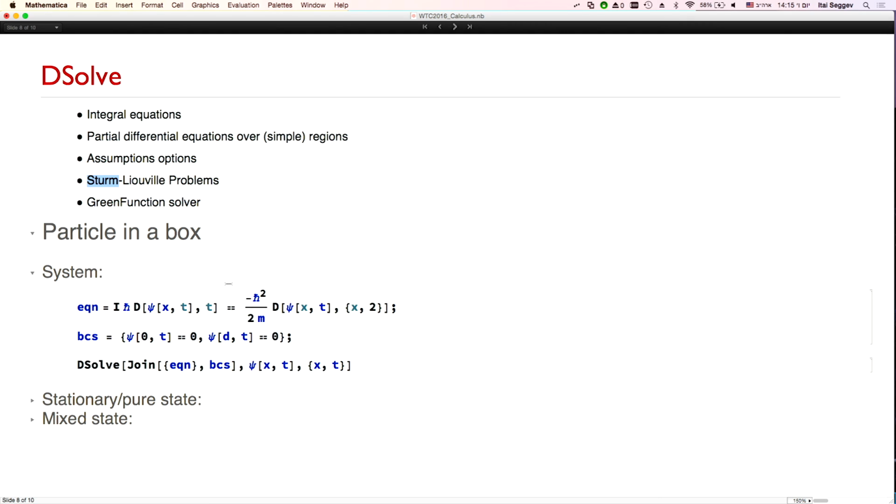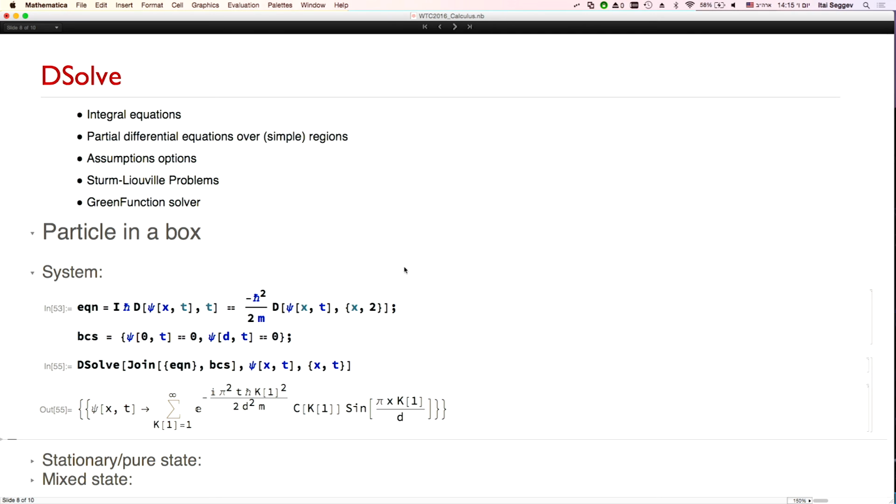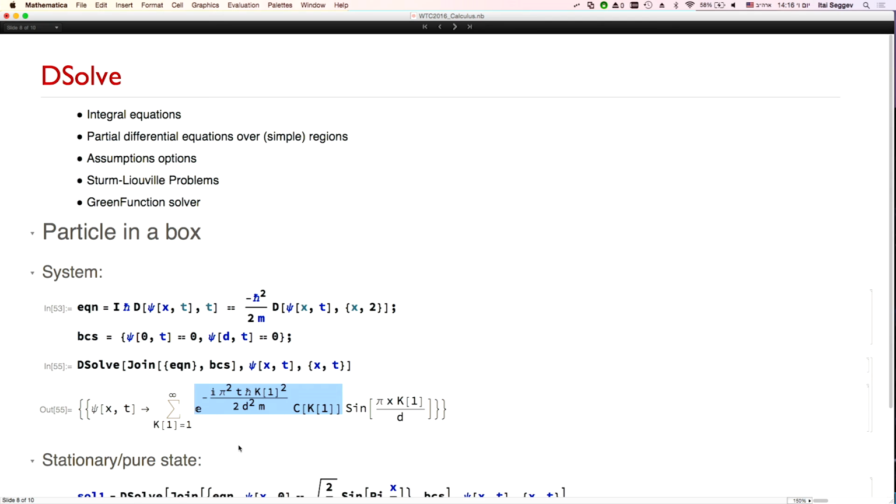And so one of these nice examples, one of the enhanced PDEs, we have a particle in a one-dimensional box. And so the general solution is just the sum of phase times sinusoids with arbitrary coefficients C of k.